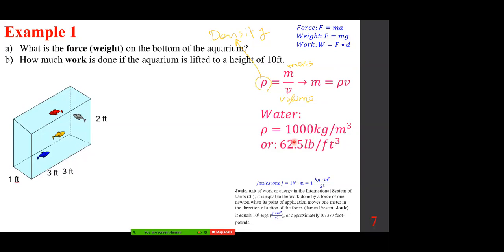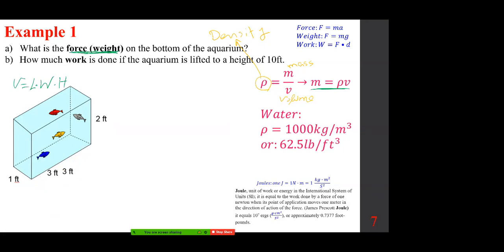So with that being the case, we can see that the volume here is 2 times 3 times 1, right? Let me write that. The volume is length times width times height, right, everybody? So we have the volume, so we can find the force or the weight using this formula.